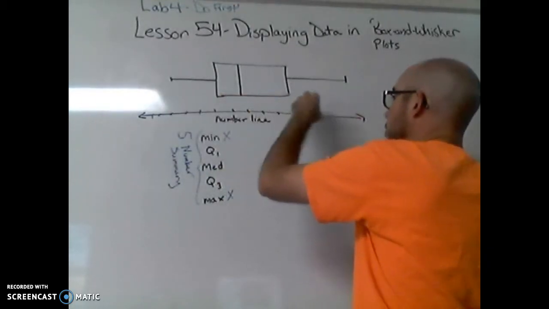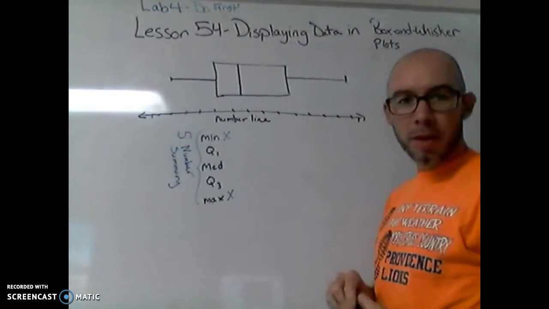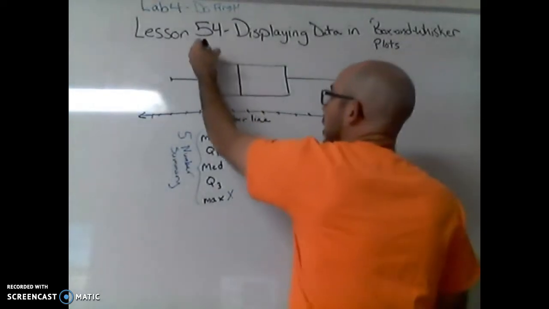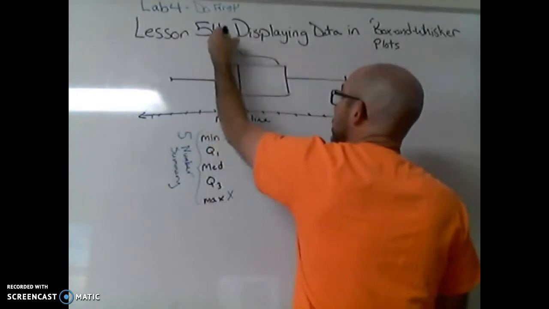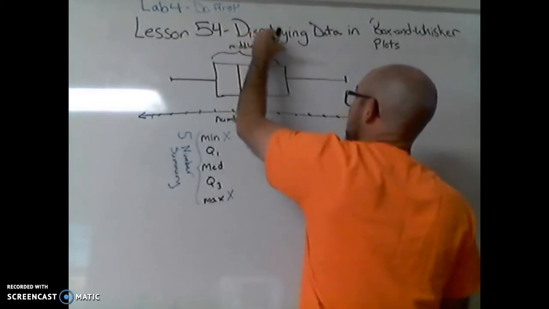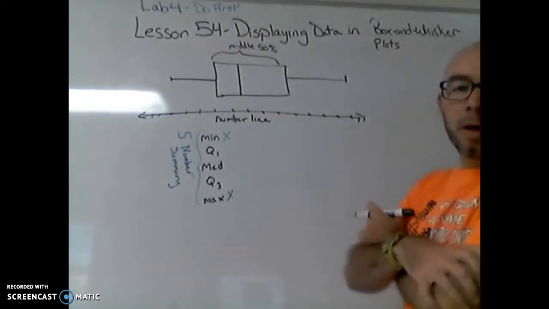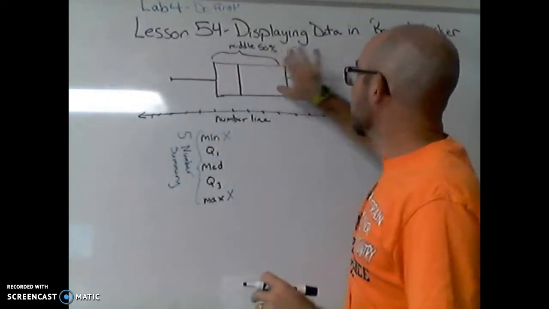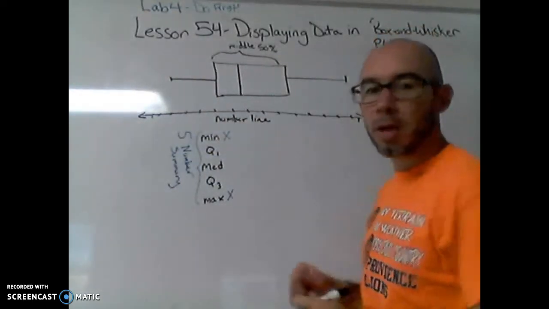And then you got this box that's displayed. And in the middle part here, you have basically the middle 50%, middle half of your data. So that means that 25% of your data is over here, and 25% of your data is over here.